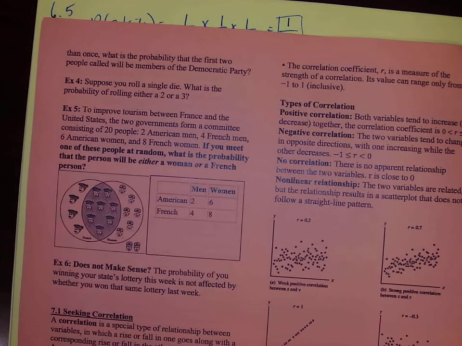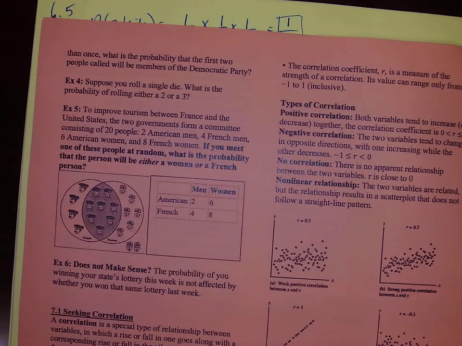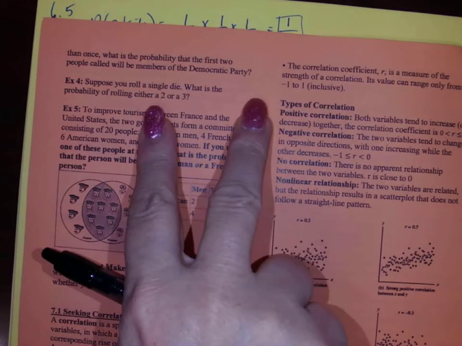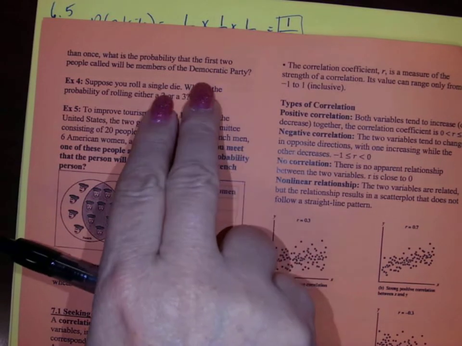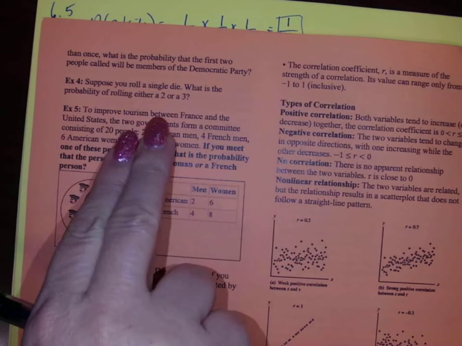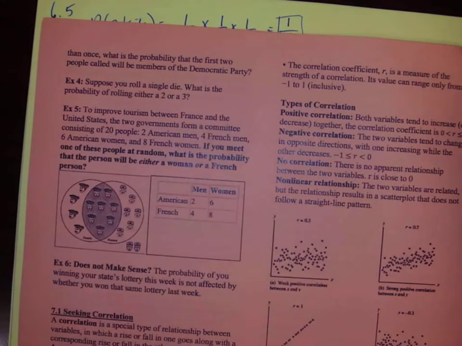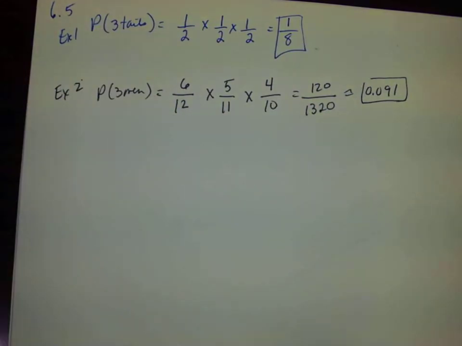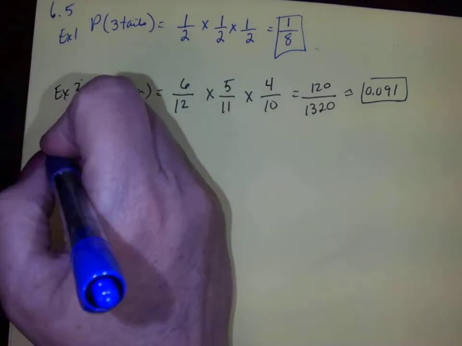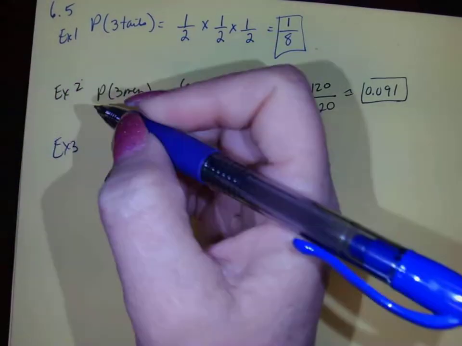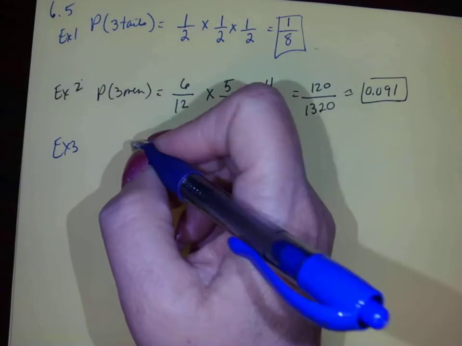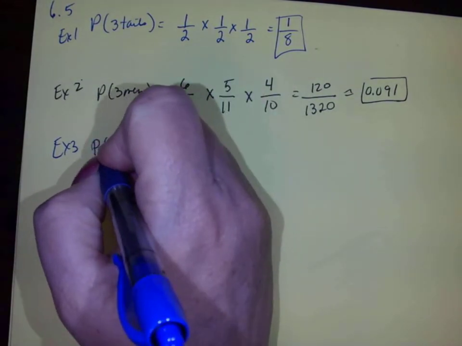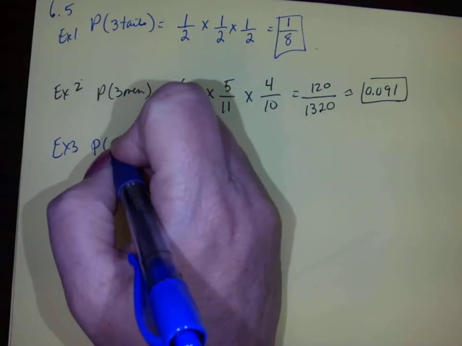All right, so these are dependent because you can't use them again. So if I pull the 1, I can't use that person again. So this is the same type of explanation as there was on the previous one. So we are looking at the probability of 2 Democrats, right?